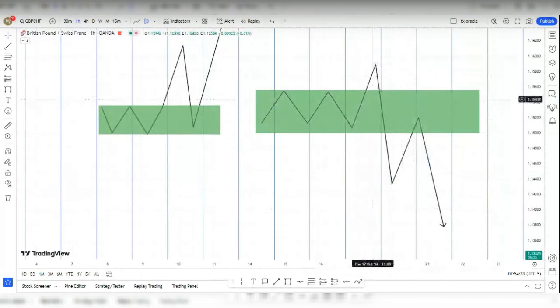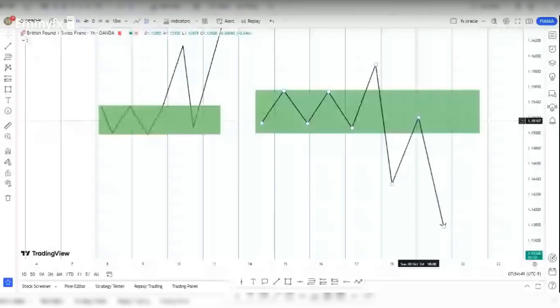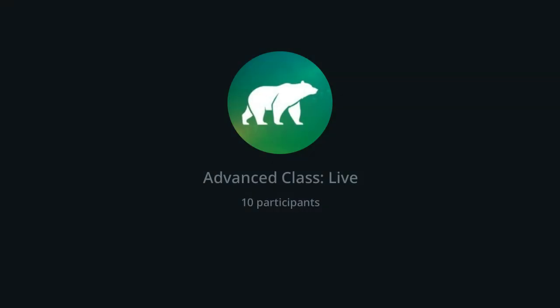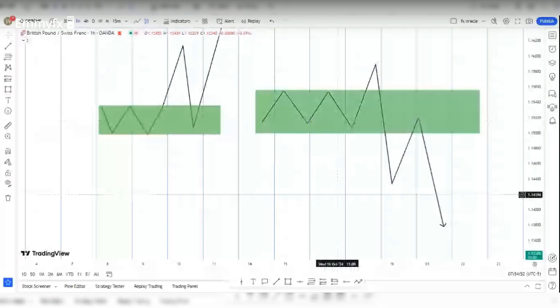So if you are smart enough to see this on your chart and you identify it, and you just wait for price to pull back to it, then you sell. Then you're likely going to be profitable with this system.